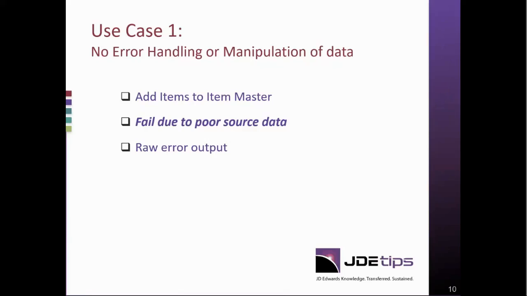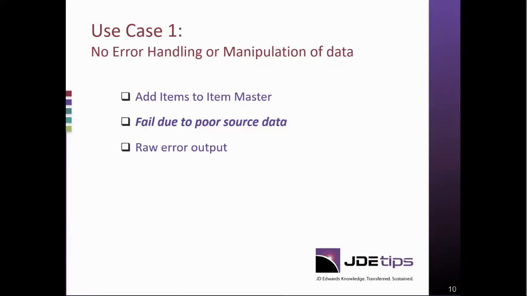So the first use case we're going to walk through is adding an item into the item master. And we're actually going to use the same example of adding items to item masters as we walk through different types of scenarios. The first one is an orchestration that we've created that has no error handling, no manipulation of data, and no validation of data.